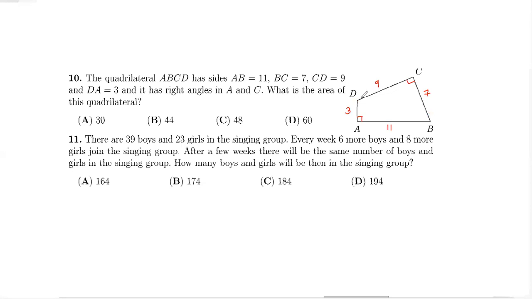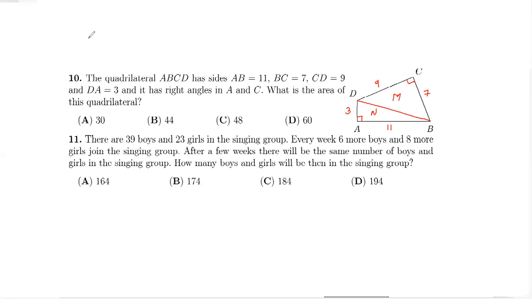But what I can do is break down this figure into two triangles like this. So I get triangle M and triangle N. I can find the area of these two triangles and then just add them up.